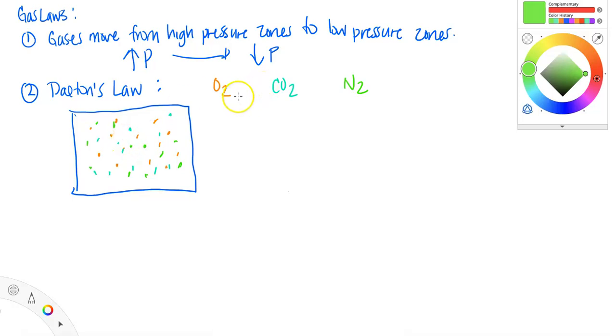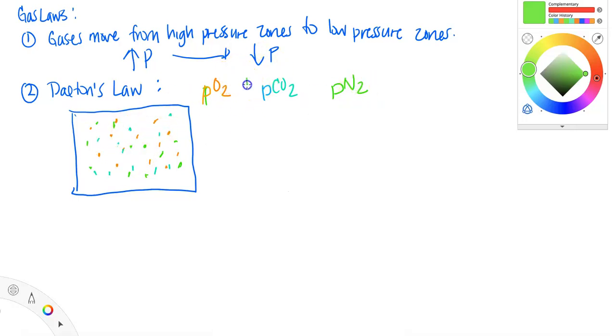So each one of these, because they each have their own properties, has what we call a partial pressure. And we denote that with a P. So we have the partial pressure of oxygen, this part here, the partial pressure of CO2, those few there, and the partial pressure of nitrogen there.